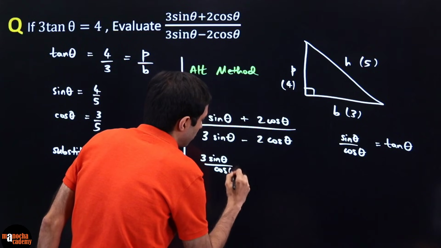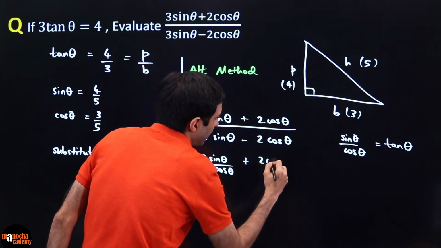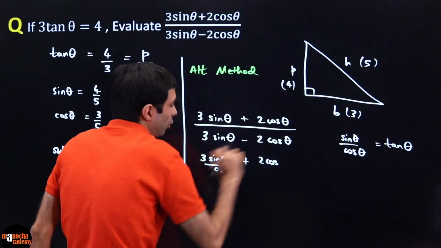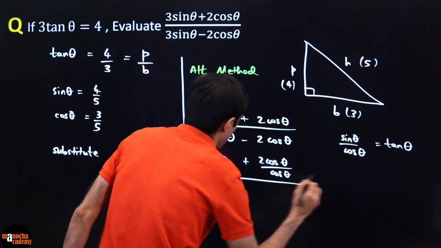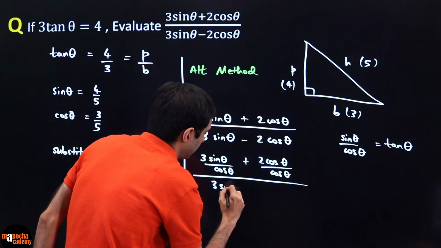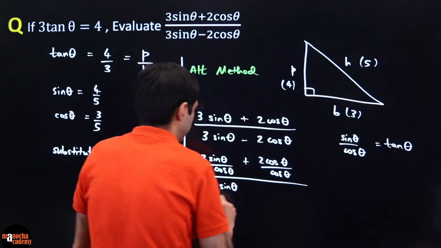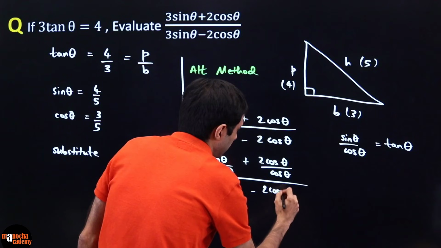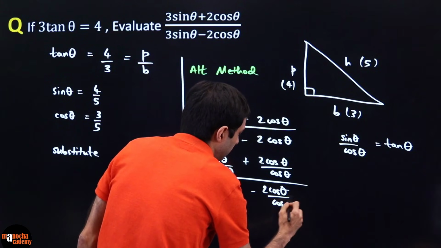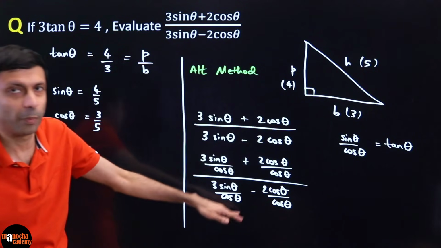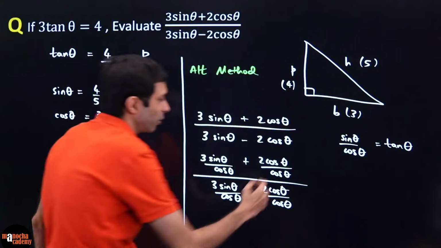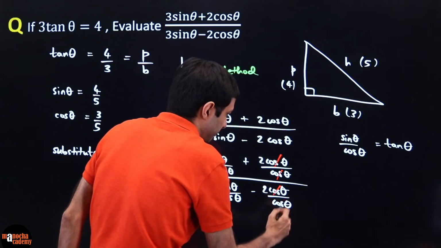So please try this out. So we are dividing each of the terms, because when you divide the whole numerator, you're dividing each of the terms like this and then like this. Sine theta by cos theta minus 2 cos theta by cos theta. All of you are seeing this? Now what is the nice thing here? I divided the numerator and denominator both by cos theta. Cos theta gets cancelled.